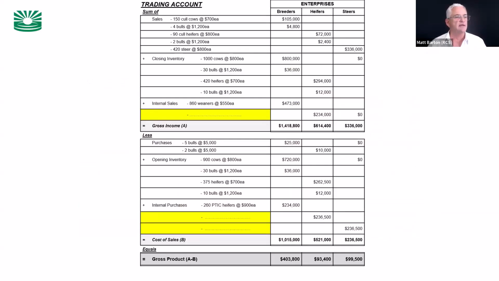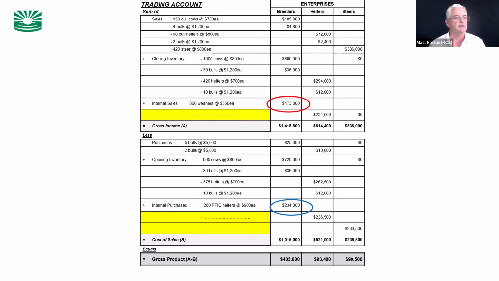This is another example where we've put the trading account into this form, and you can see we've got the enterprise. The heifers have received $234,000 into their enterprise, and the breeders have received $473,000 into their enterprise, and they've had to pay out $234,000.